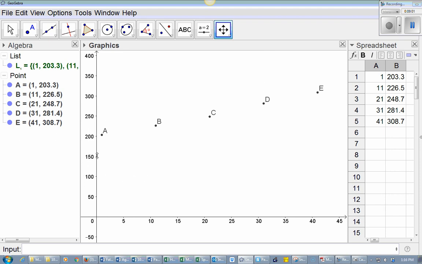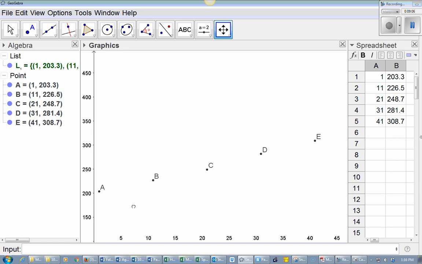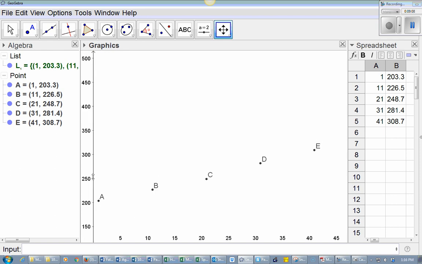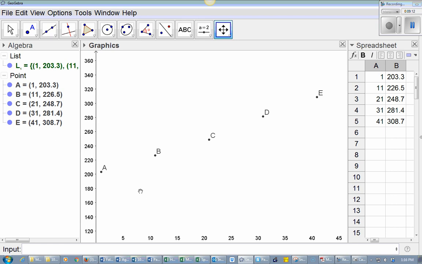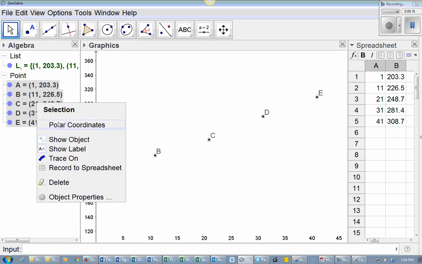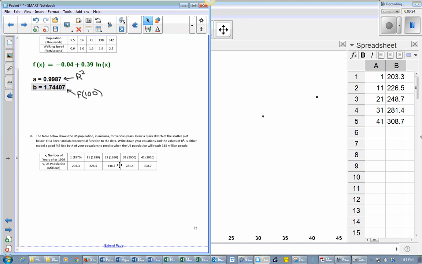There we go. Okay, that's a good scatter plot. Hide my labels. Okay, so I'm supposed to fit a linear and an exponential function.